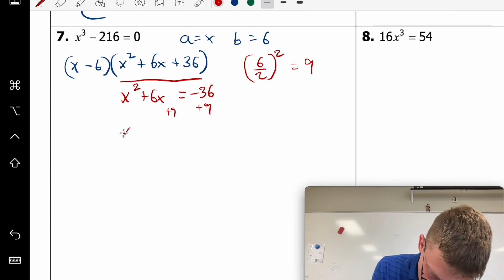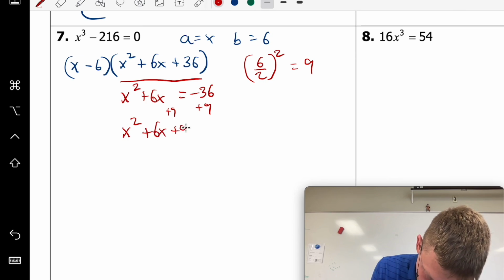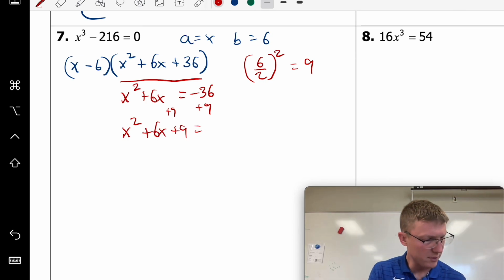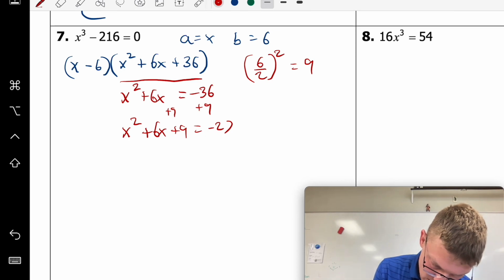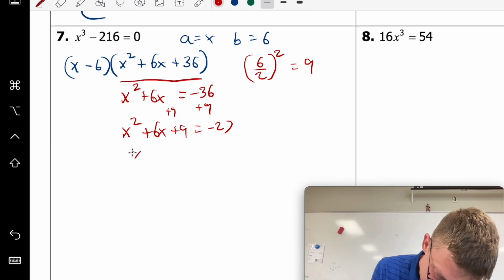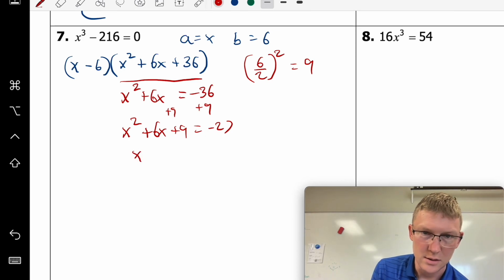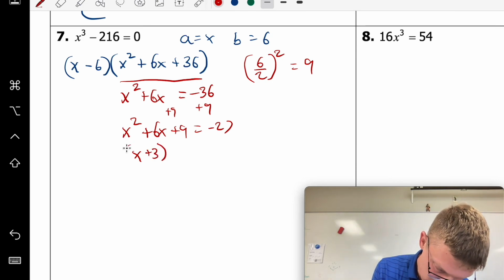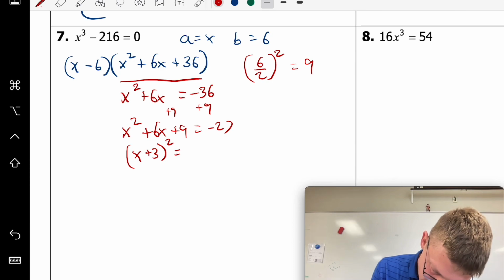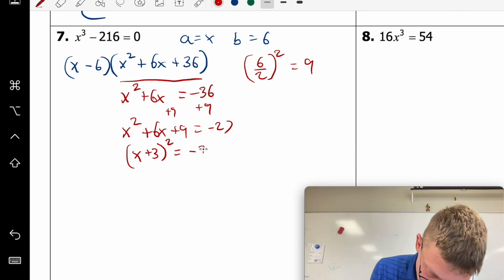So now we've got x squared plus 6x plus 9 equals negative 27. So that we can factor into x plus 3 squared equals negative 27.